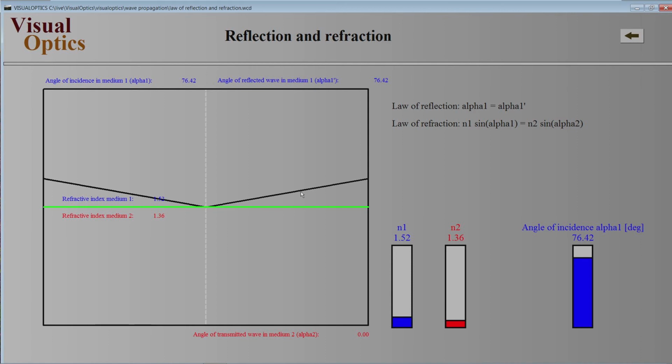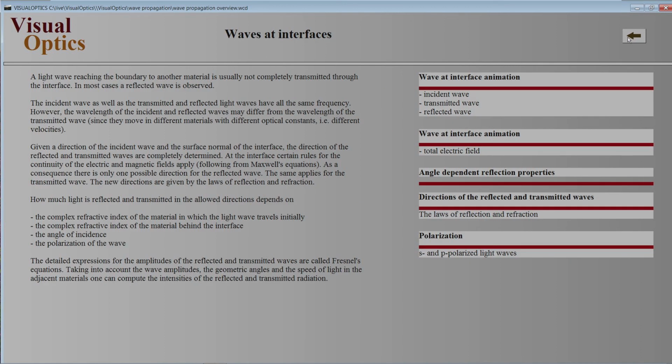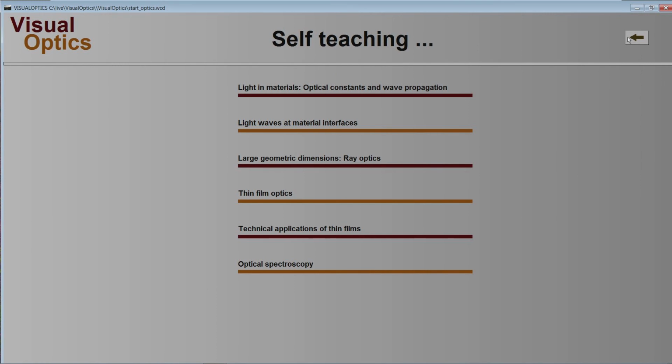Okay, now we have learned almost everything that we should know about reflection at single interfaces. So let's now go to a case where we have two interfaces, and let's do it first in the regime of large geometric dimensions.